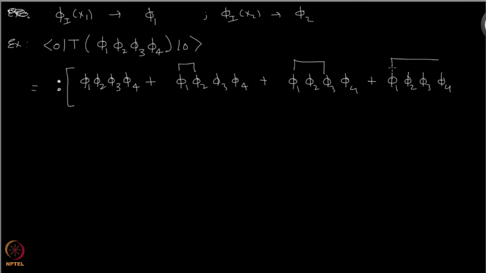Now 1 will get contracted with 4. Then you have the possibility of 2 getting contracted with 4, and, sorry, in this one 2 was contracted with 3, and this one is 2 with 4.